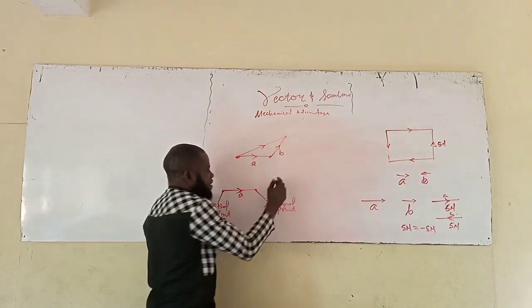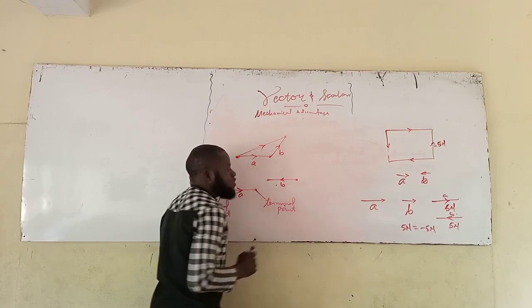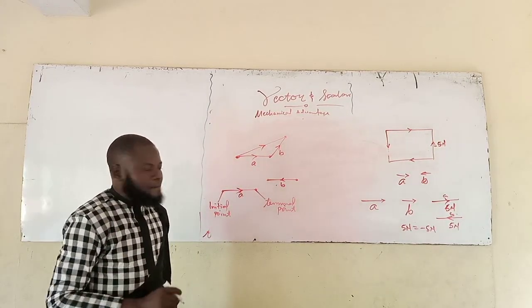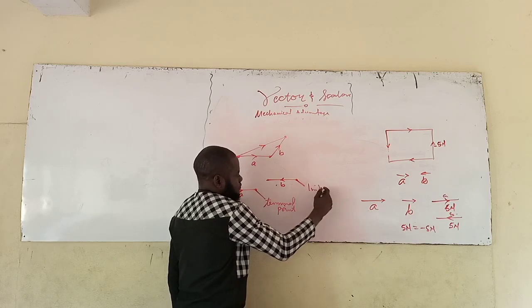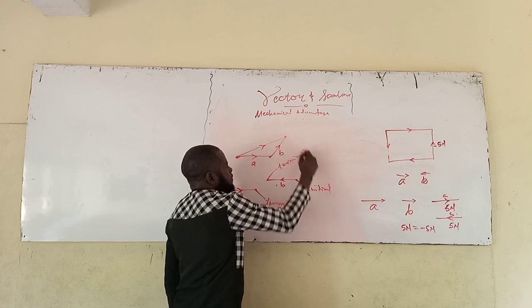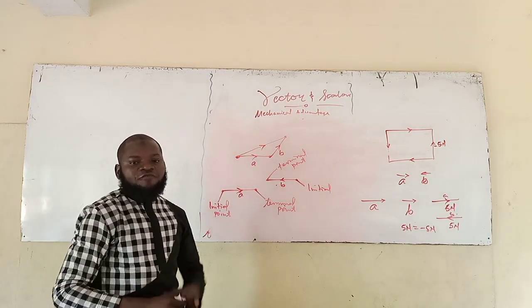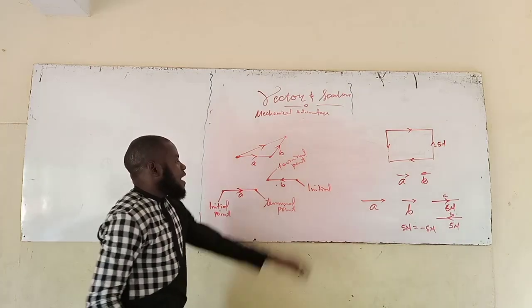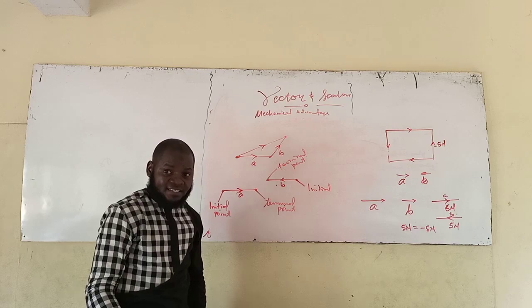If I have another vector, vector B, this vector would also have the same property. Initial and the terminal. This terminal point, you can refer to it as the final point. Are you getting this now? And this initial, you can refer to it as the starting point. Am I making sense? Okay?